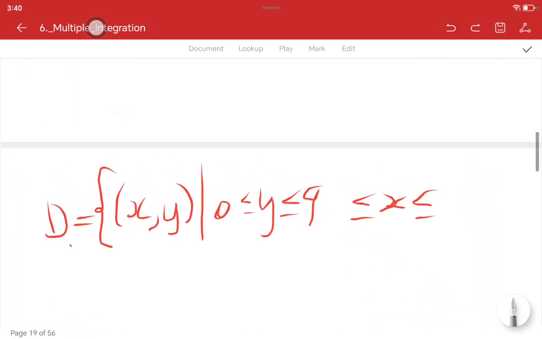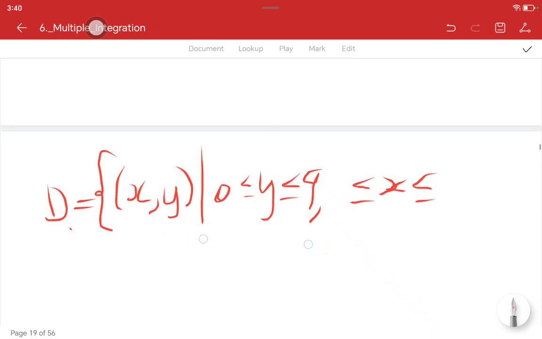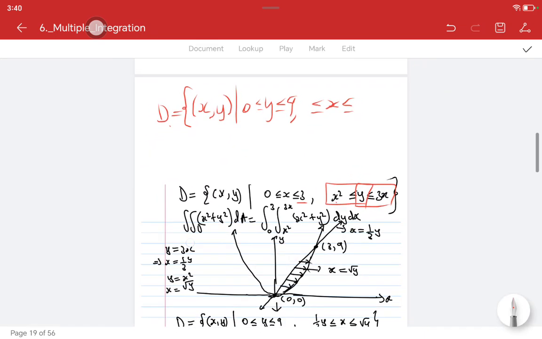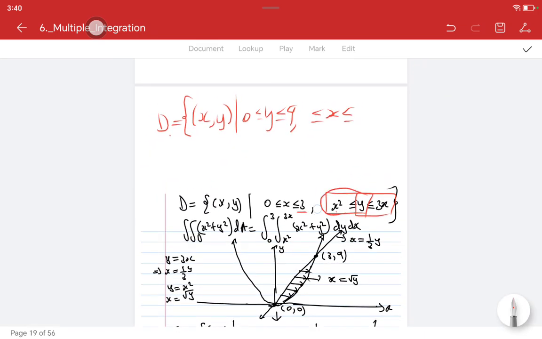Then now let's check this one. This one we have this. Then when we root both sides, this will be x less or equals to root of y.